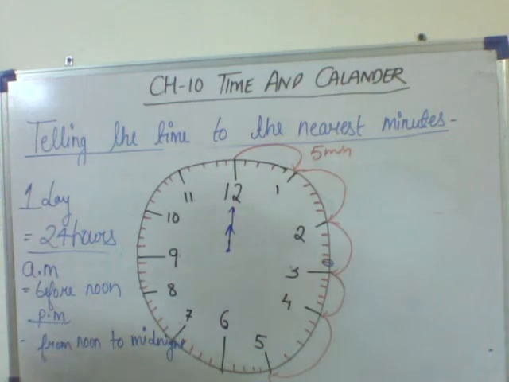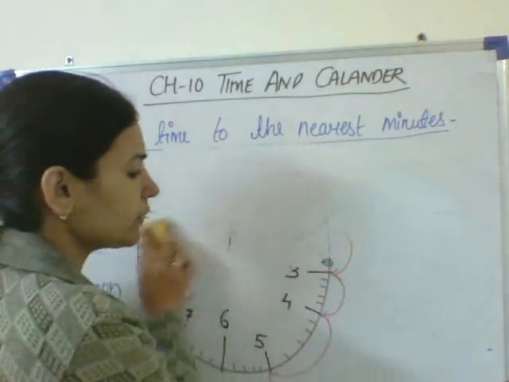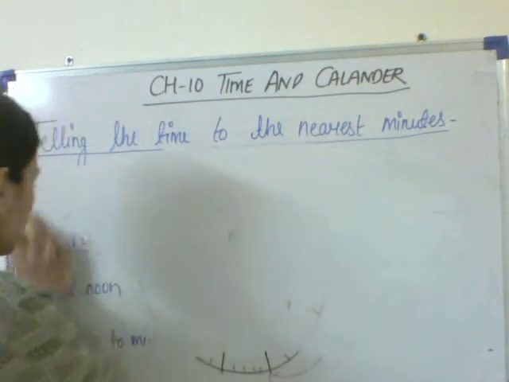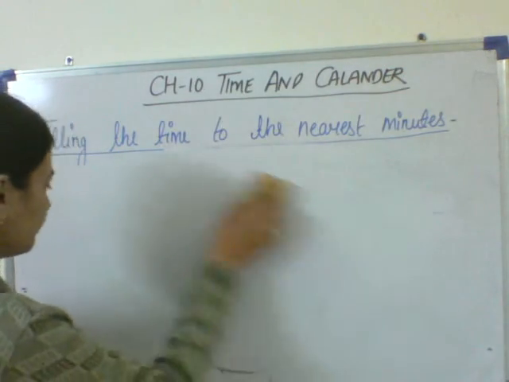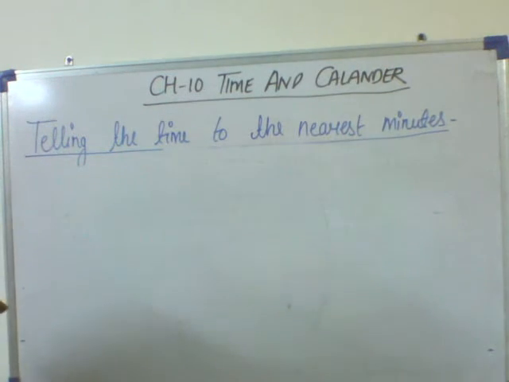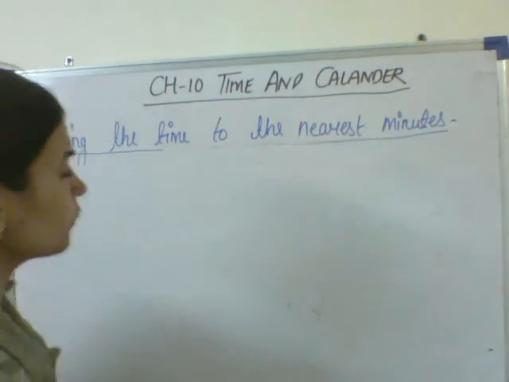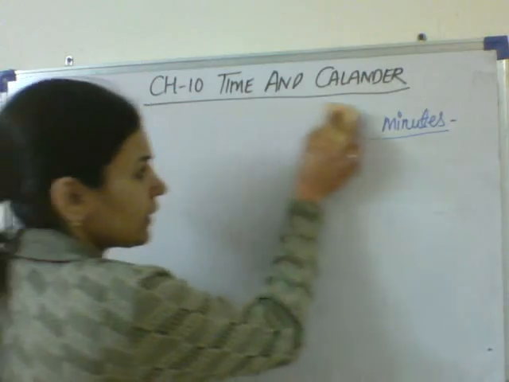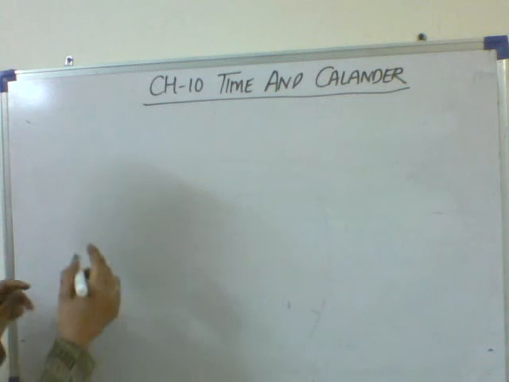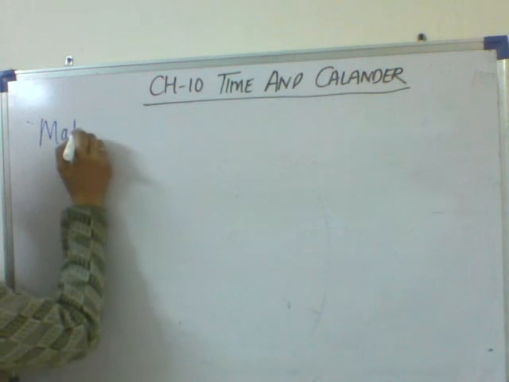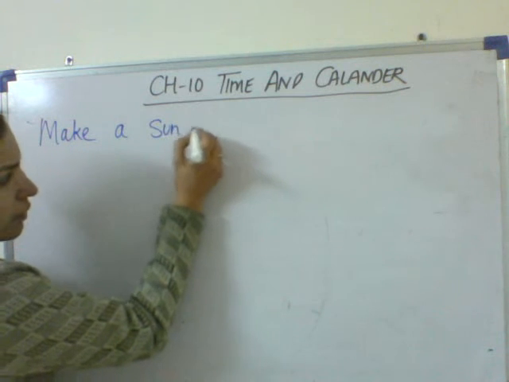Now I will be writing a few times and you have to tell whether it is AM or PM. I will be writing the AM and PM just after the time, and what you have to do is make a sun to show the daytime and a star to show the night. You have to make either a sun or a star.